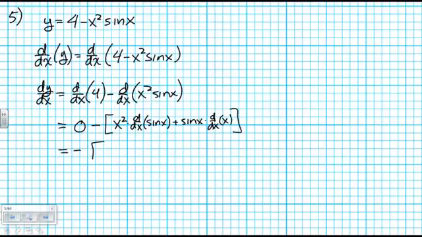So you end up with negative of x squared, the derivative of sine is cosine, plus sine of x times the derivative of x, which is 1, giving me a total of negative sine minus x squared cosine x. And that's problem number 5.